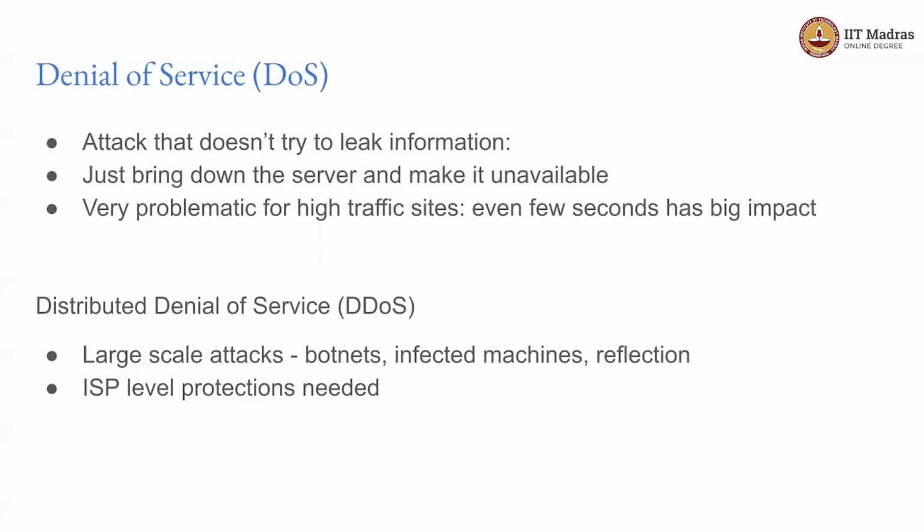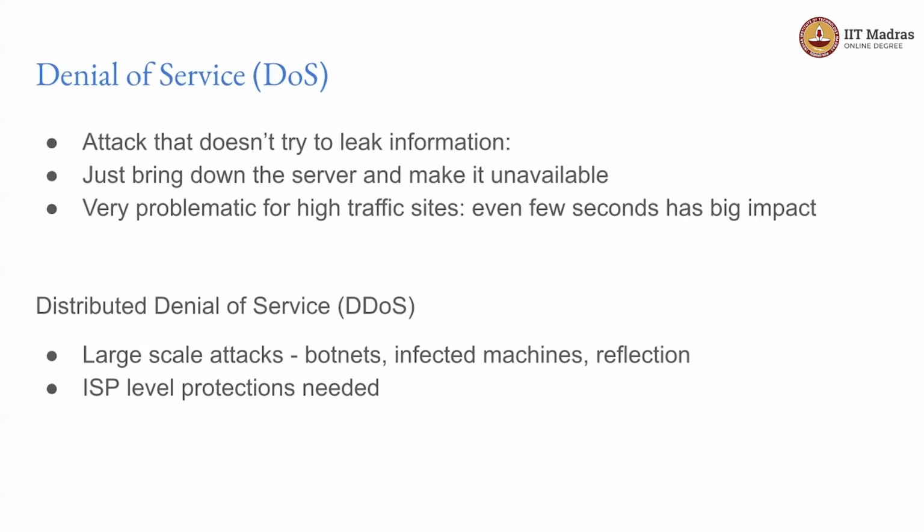What happens if we disrupt it? Even a few seconds of disruption on something like Amazon or Facebook or Wikipedia or WhatsApp is going to be quite problematic, because lots of messages are lost, lots of people are unable to purchase things, right? In other words, lots of legitimate commerce traffic is lost. And it can have a big impact even in a few seconds.